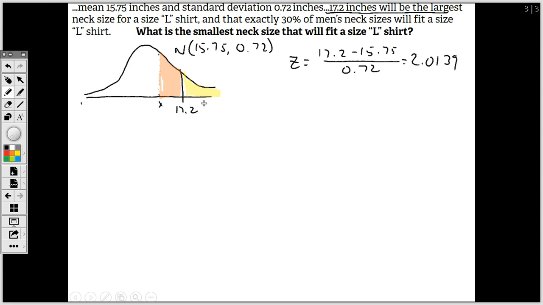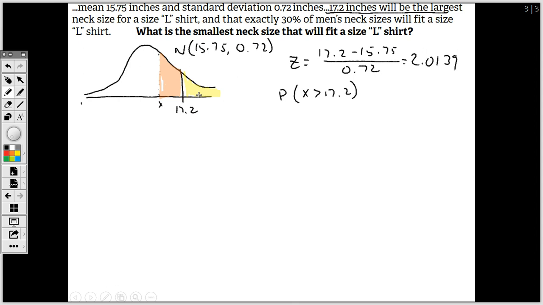Then I'm going to find the probability that X would be greater than 17.2. I'm finding this yellow area, so how much is it from here to the end. So I'm going to do normal CDF.